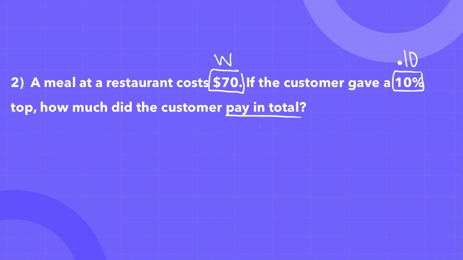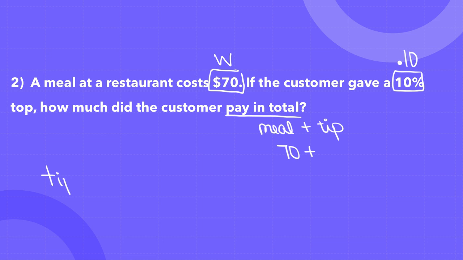Well, you have to remember, they're going to pay the meal and the tip. I know that the meal is $70 plus, what's the tip? Oh, we have to do 10%. You got to find the 10% of 70.